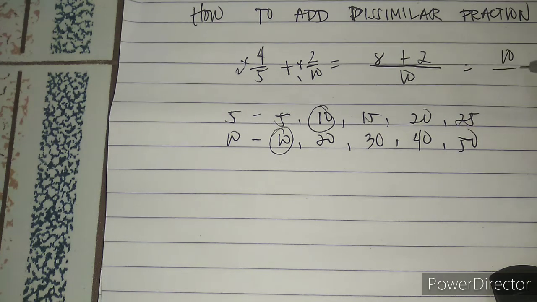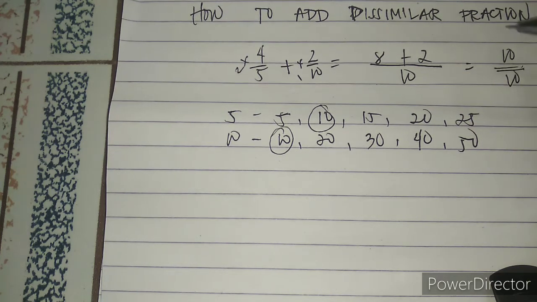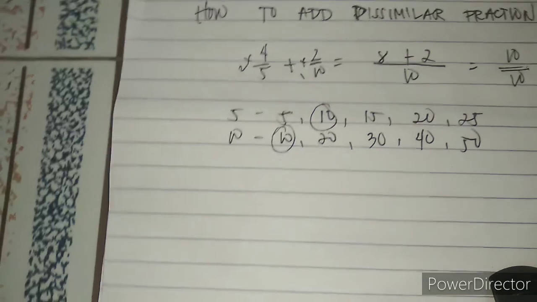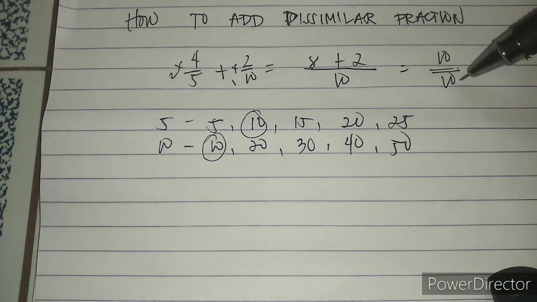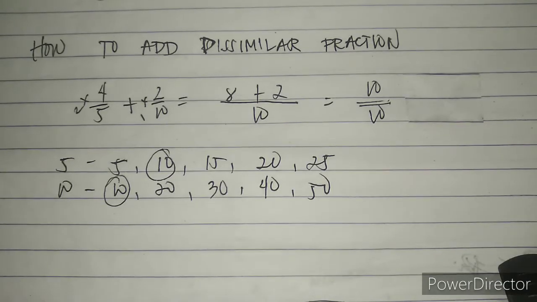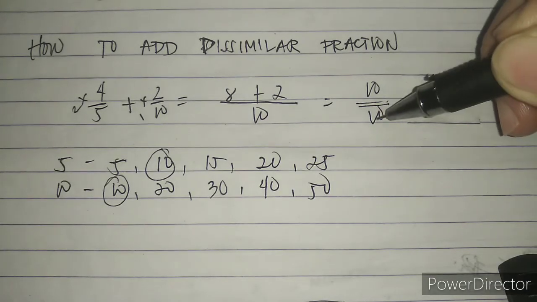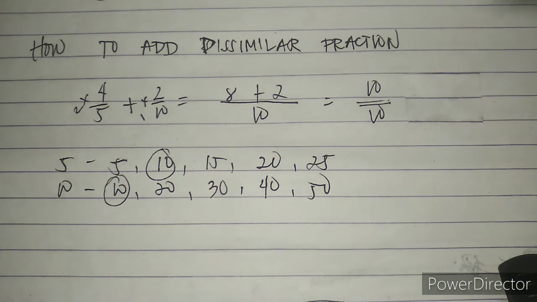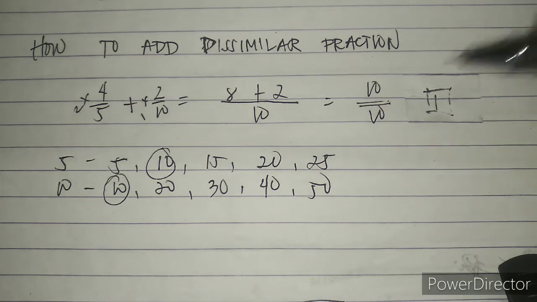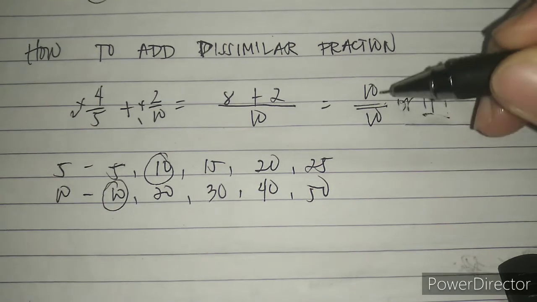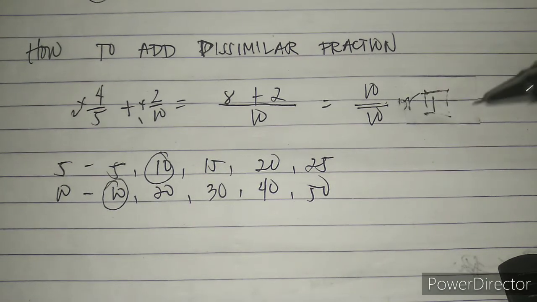Copy lang natin yung denominator, which is 10. So, 10 over 10. Final answer na ba siya? Hindi pa. Kasi pwede pa siyang ma-simplify or ma-reduce by 10 divided by 10 equals 1. So, the final answer is 1. Okay? 10 over 10 or 1.